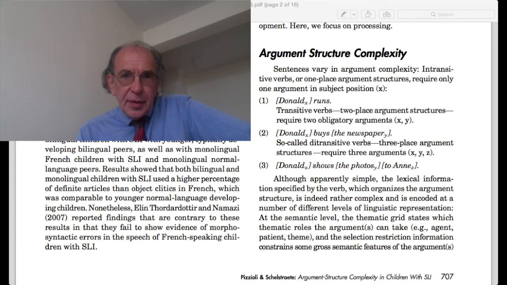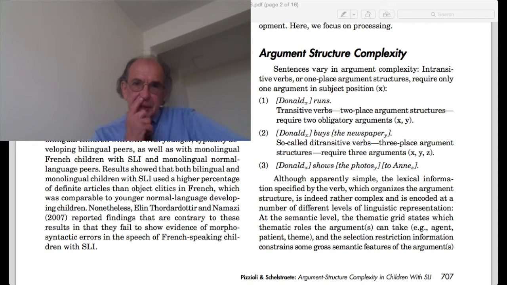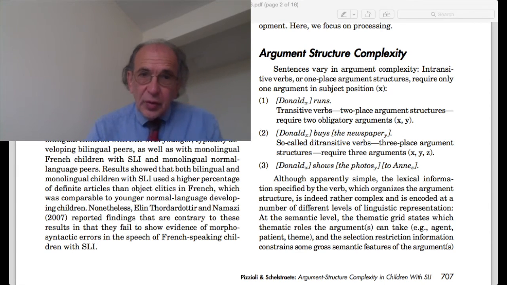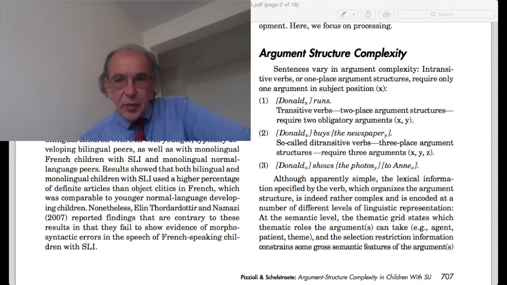Now, they say that the effect on the omission of grammatical morphemes in sentence production, that's the dependent variable, has to be operationalized. What do they mean, omission of grammatical morphemes? What morphemes are they looking at? That's a reasonable question.